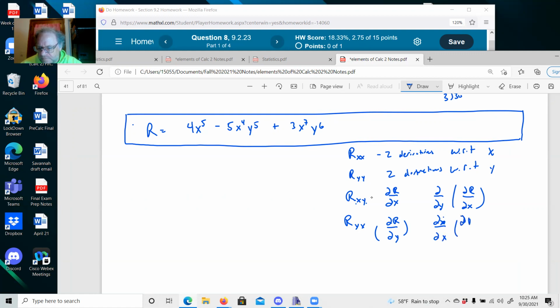All right. They are not guaranteed to be the same. All right, rxy and ryx, they are not guaranteed to be the same. Okay. However, even the engineering classes tend not to work with functions that do that. So your book doesn't give you any functions where they aren't the same.